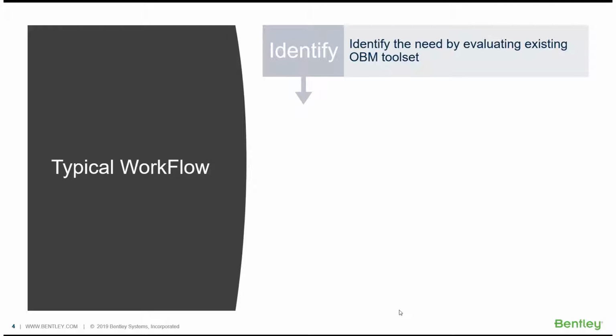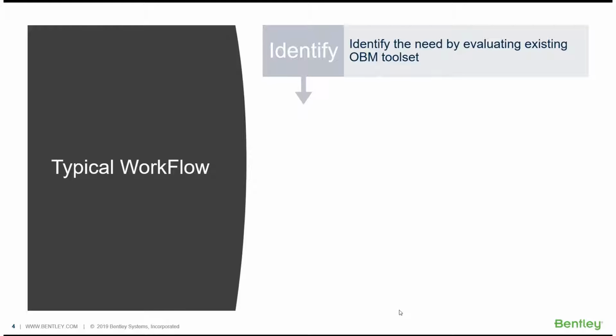Now, how do you do this? Is it going to answer all your needs of a custom element? Well, you just need to evaluate first what the purpose of creating this functional component is. Maybe you cannot do it all with the tools that we already have in OpenBridge.